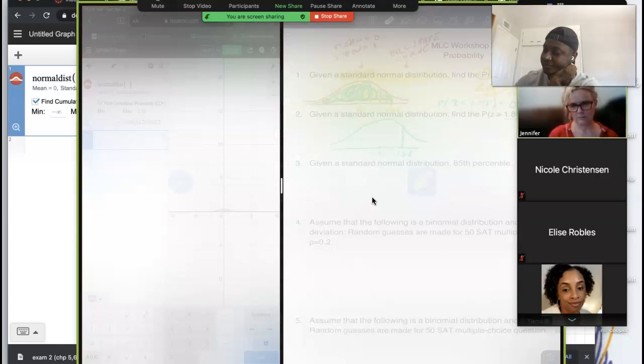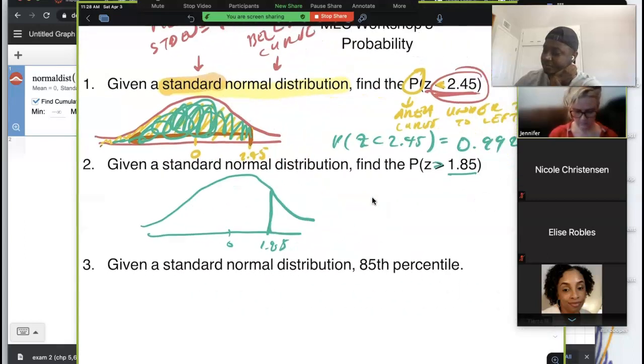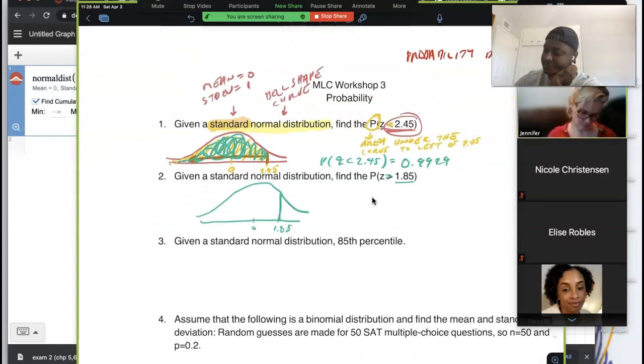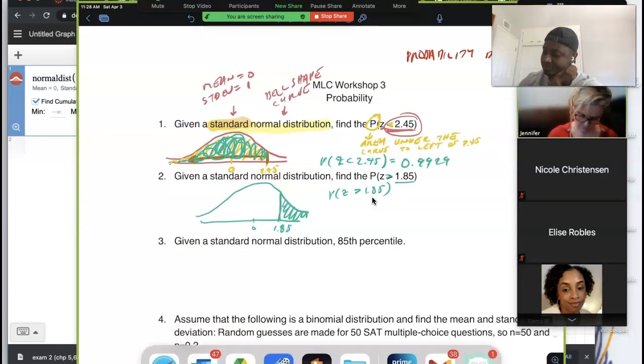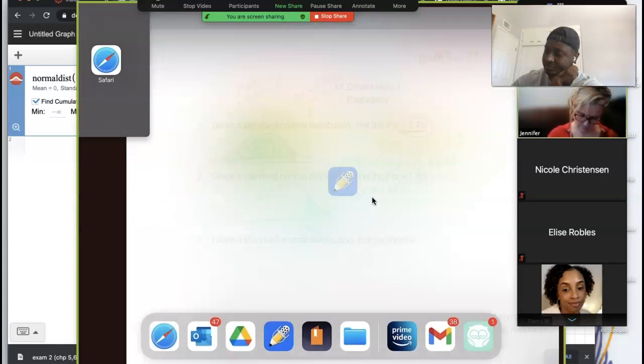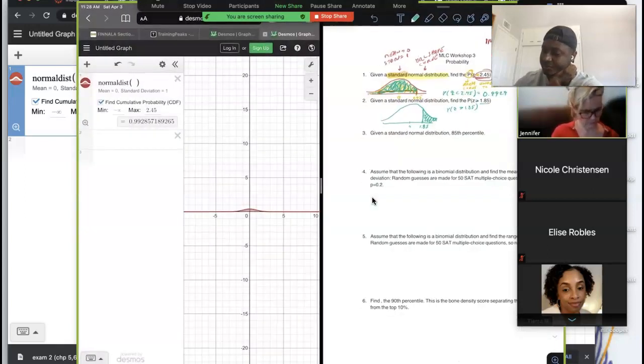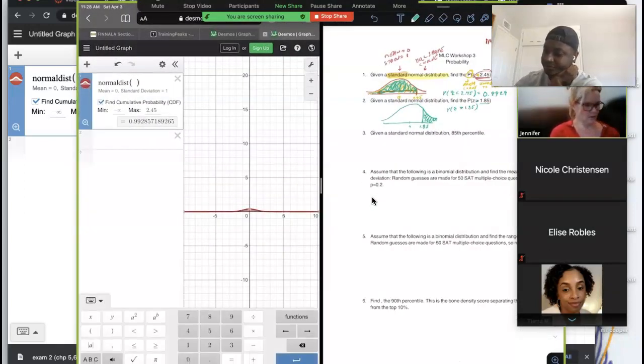Oh, sorry, I'll make this bigger. 1.85 is there. So then we are going to shade to the right of that. So we want the probability that z is greater than 1.85. And then we do the same thing. So normal distribution.